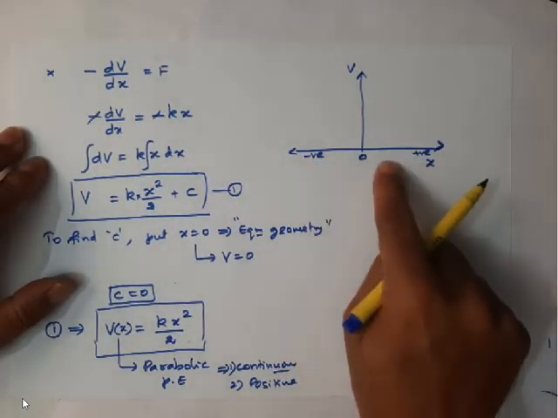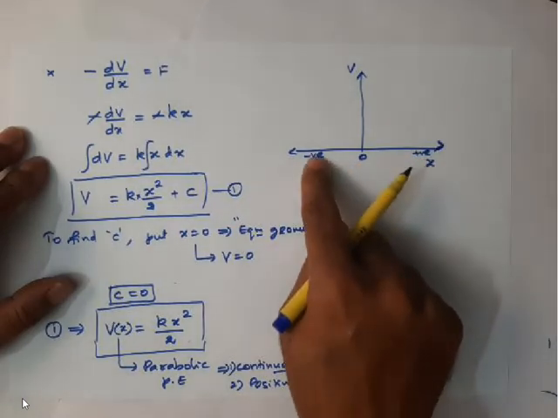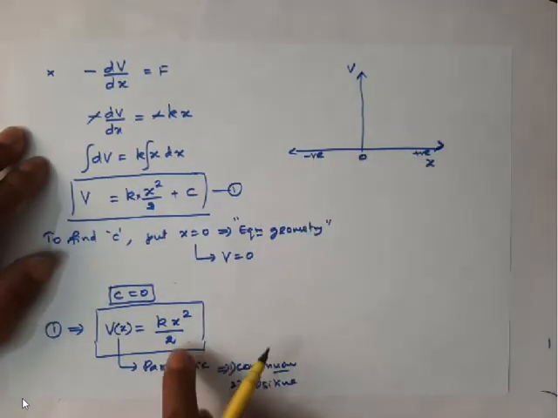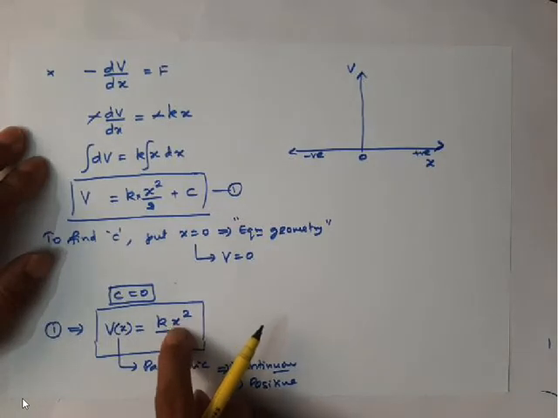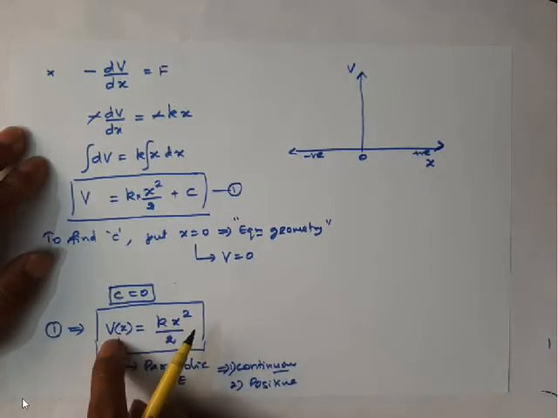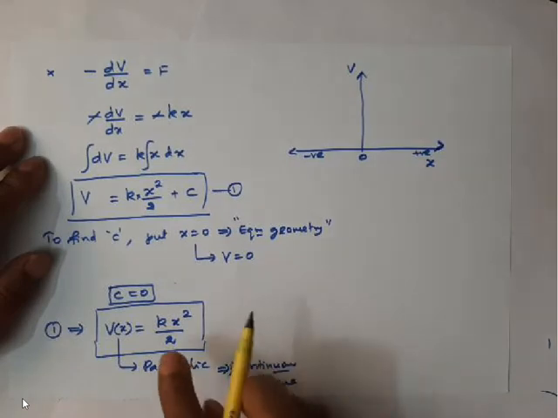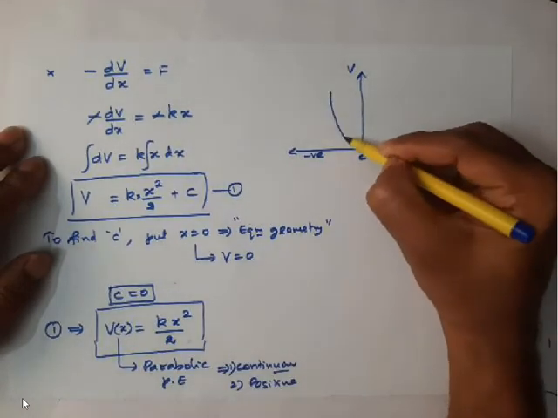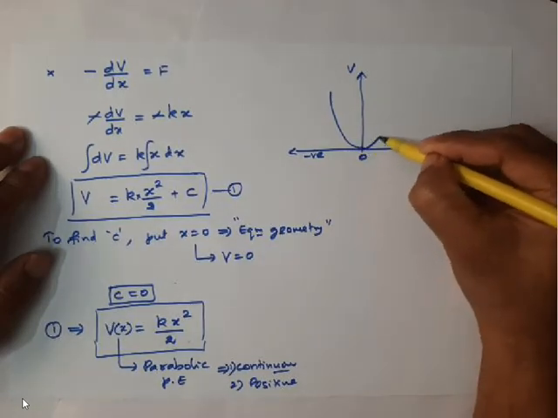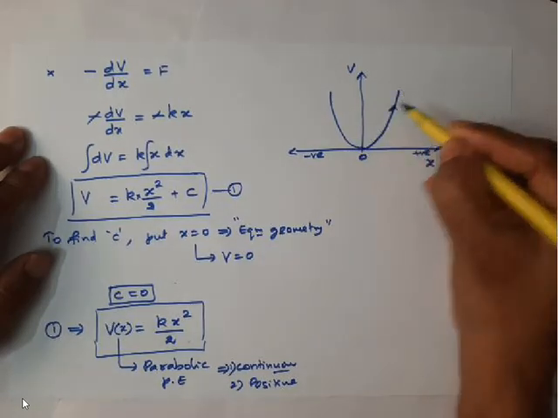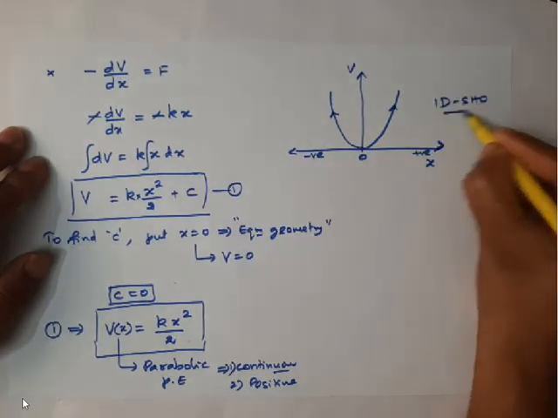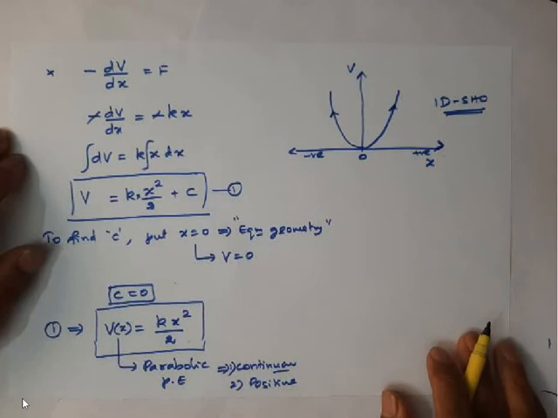Whether x is positive or negative, you are going to take the square anyway. Therefore potential energy is always positive, and it appears like a parabola. This is how the potential energy appears for a one-dimensional simple harmonic oscillator.